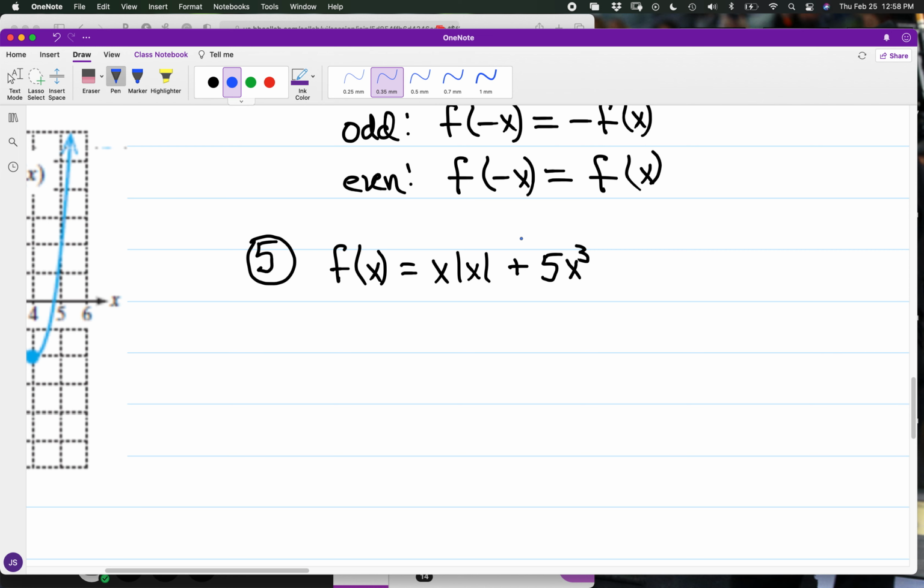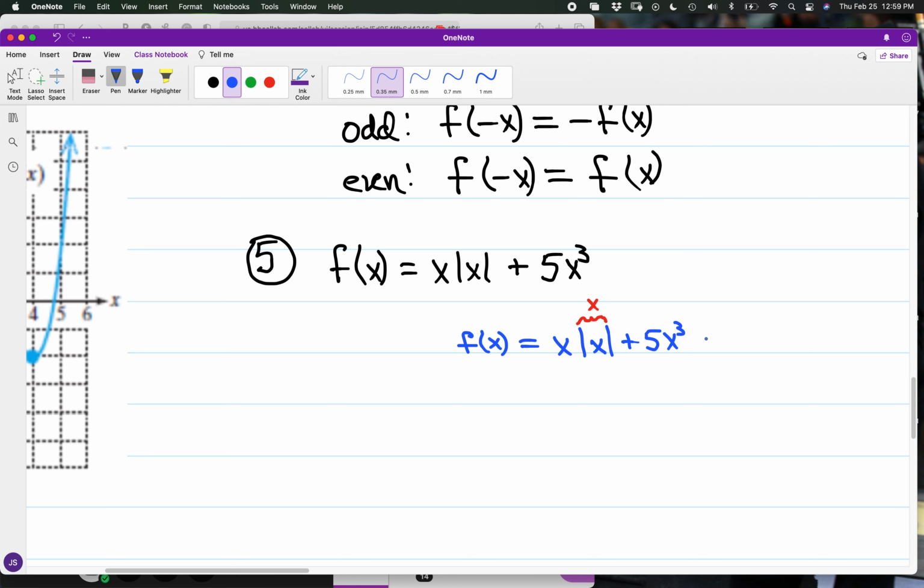So testing out what I have for f of x: x times the absolute value of x plus 5x cubed. With x as a non-negative, the absolute value of x is going to be x.